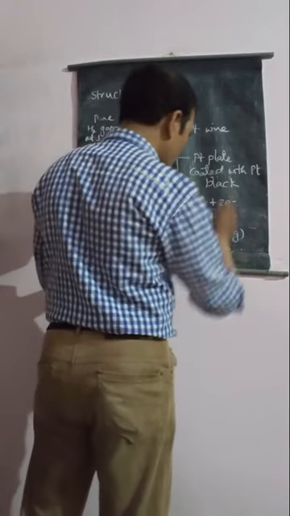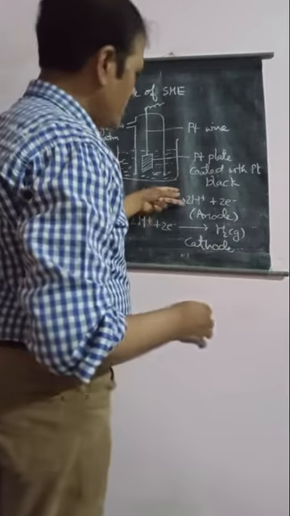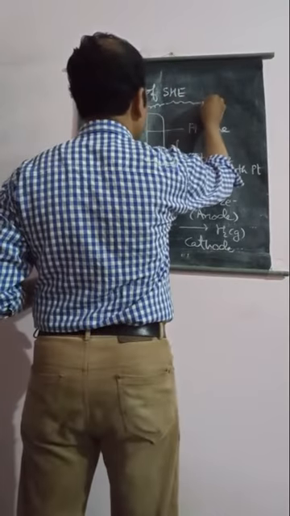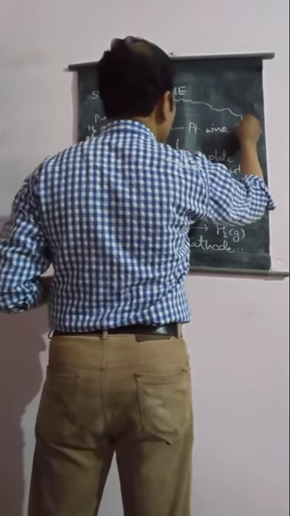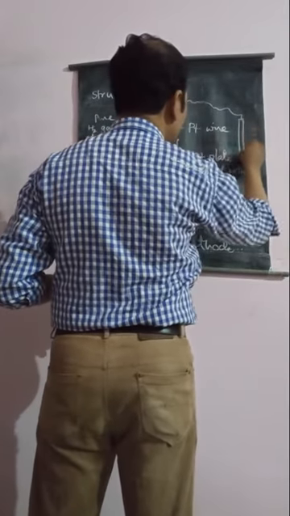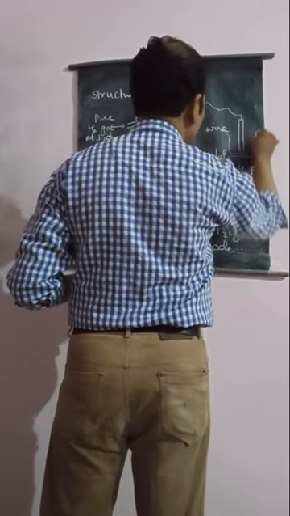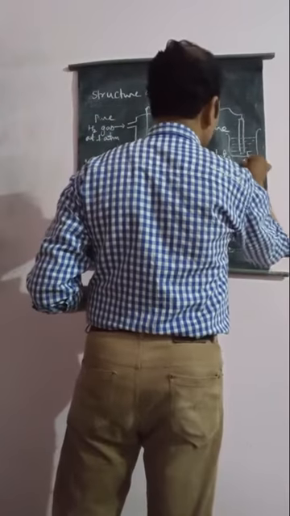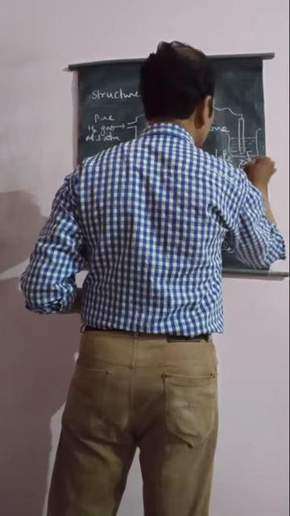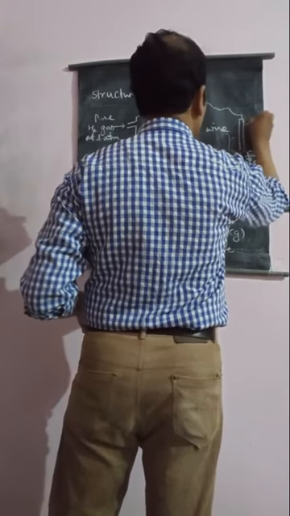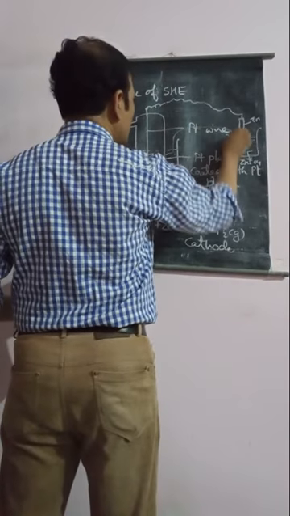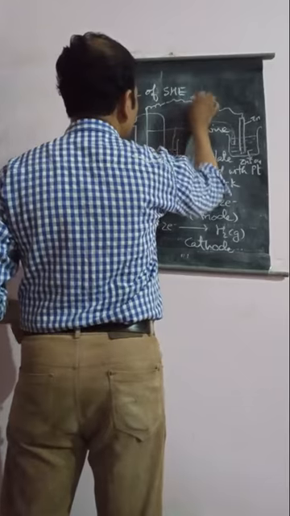Now we will join our standard hydrogen electrode with another electrode. Suppose we are taking another electrode of zinc metal. In this zinc electrode, we take a zinc rod dipped inside a ZnSO4 solution. After it, we take a salt bridge which will be connected with both solutions, and here we will take the galvanometer.